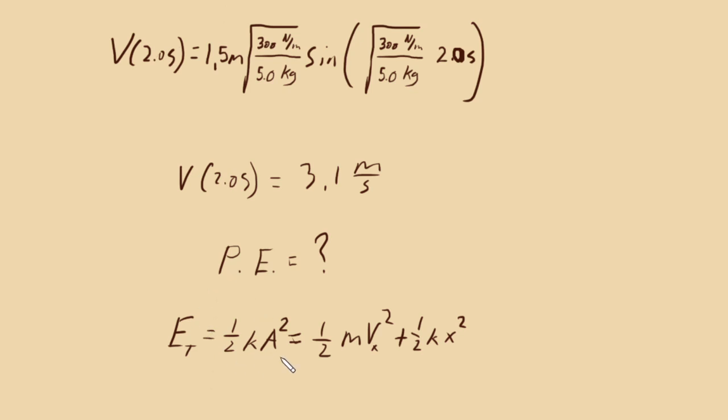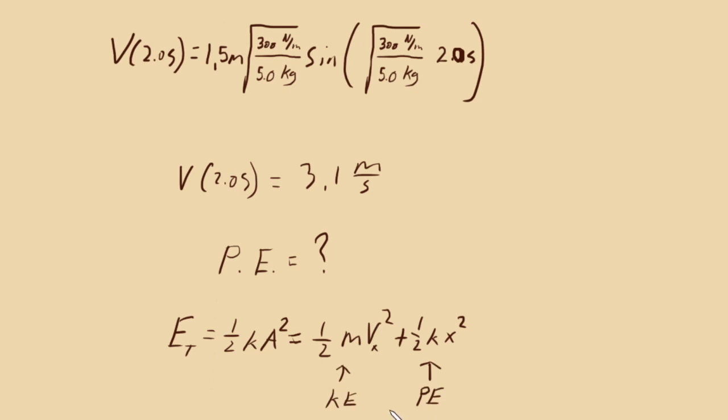So this is the total energy of the system initially. Then as the box starts moving, it's getting that restoring force applied to it from the spring, so our kinetic energy is going to be 1/2 mv squared.